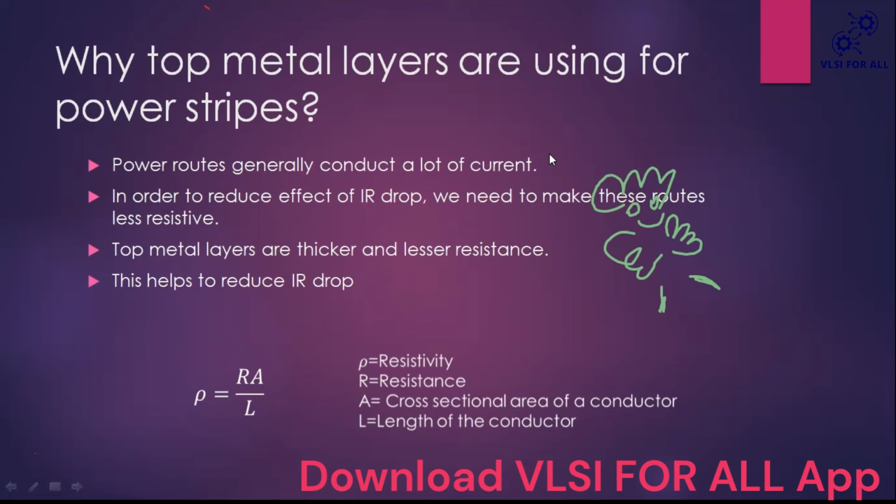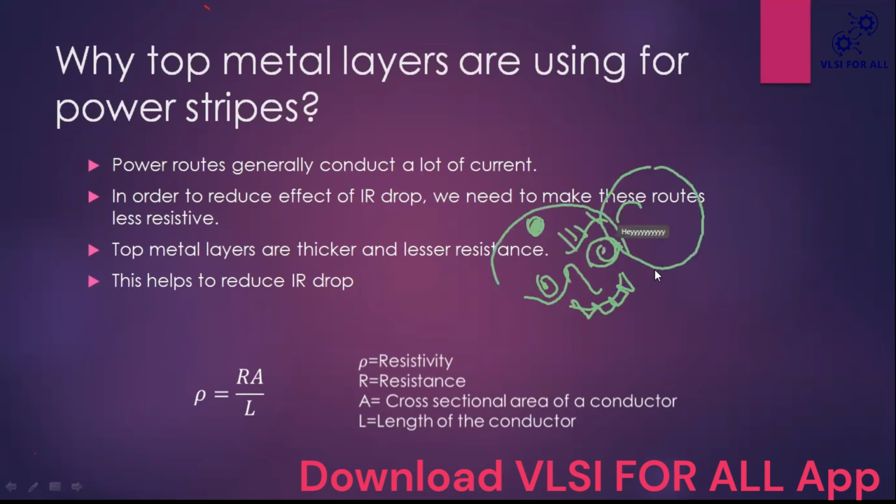If my design has 12 metal layers, then I use 11 and 12 for power routing. Sometimes there are restrictions to complete the design using only 10 routing metal layers. Even if there are 12, they ask us to complete the design using 10 layers only. There will be some scenarios like that also.